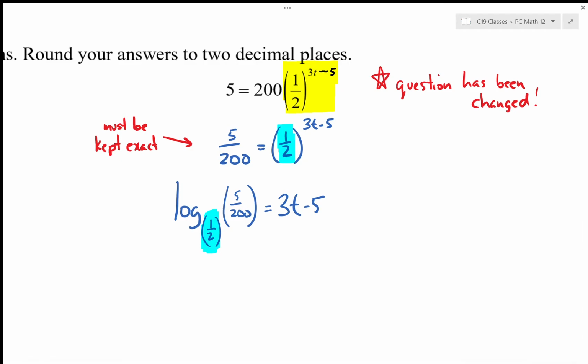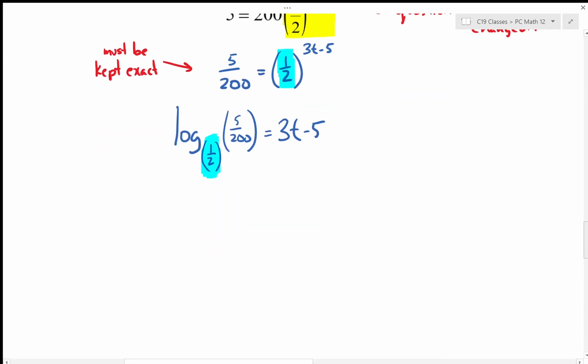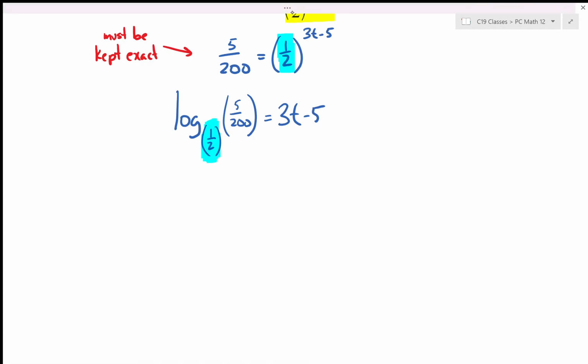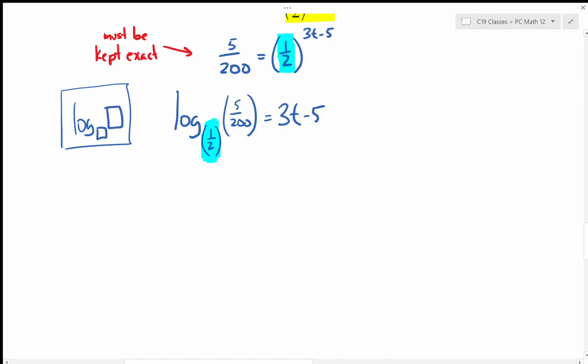Now, for some of you, you'd be ready to punch stuff into your calculator right now, because, remember what I said, you may have a button on your calculator that looks like this: log with a box and another box. If you have that, you can put in what we have already, but I don't have that. I just have what's called a log base 10 button, which just looks like a log button.